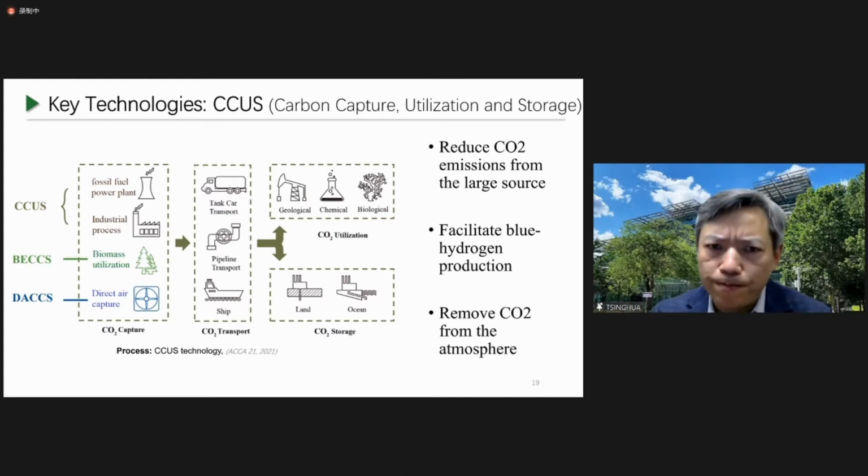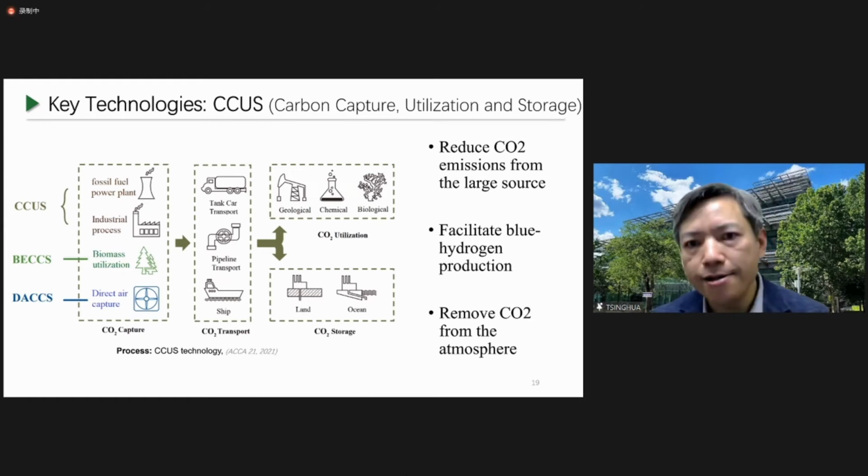CCUS also provides a means of generating negative emissions, where bioenergy with carbon capture and storage, BECCS, and direct air capture with CO2 storage, DACCS, both of which are technologies that can remove CO2 from the atmosphere on a net basis.